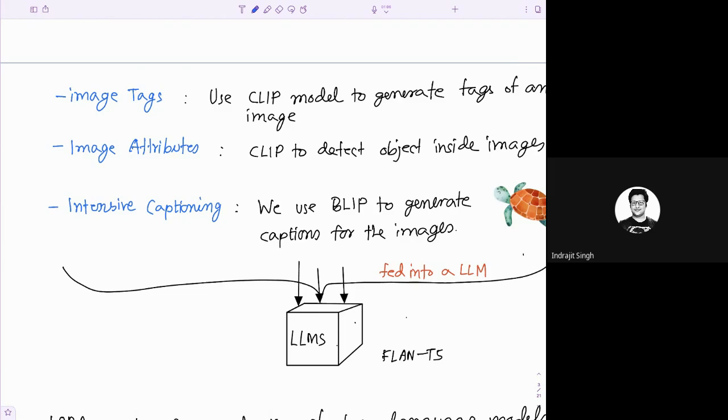For the image tags, you use the CLIP model, which we'll talk about, to generate tags of an image, and then use CLIP again to detect objects inside the image. Then you use BLIP to generate captions for the image, and you feed this whole thing into the language model. Language models are already trained with lots of text. What they are not trained on is this information about the images.